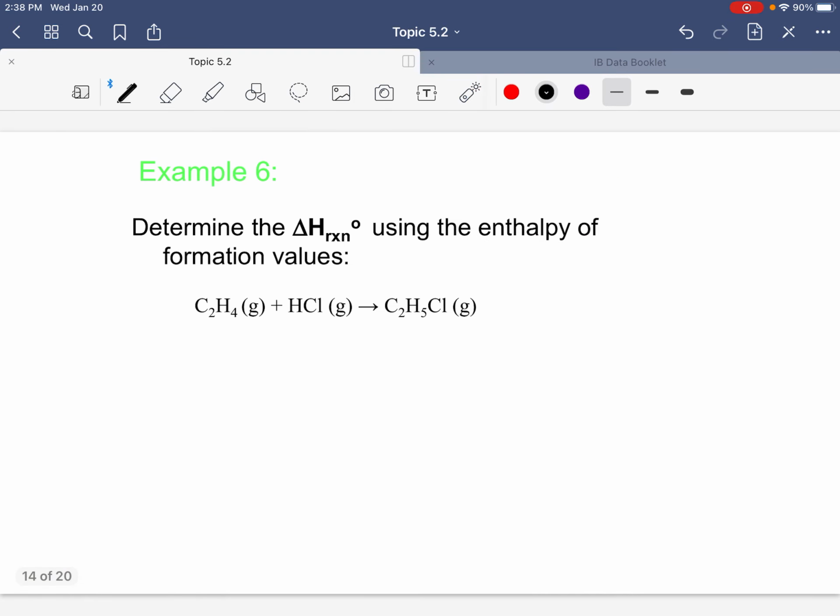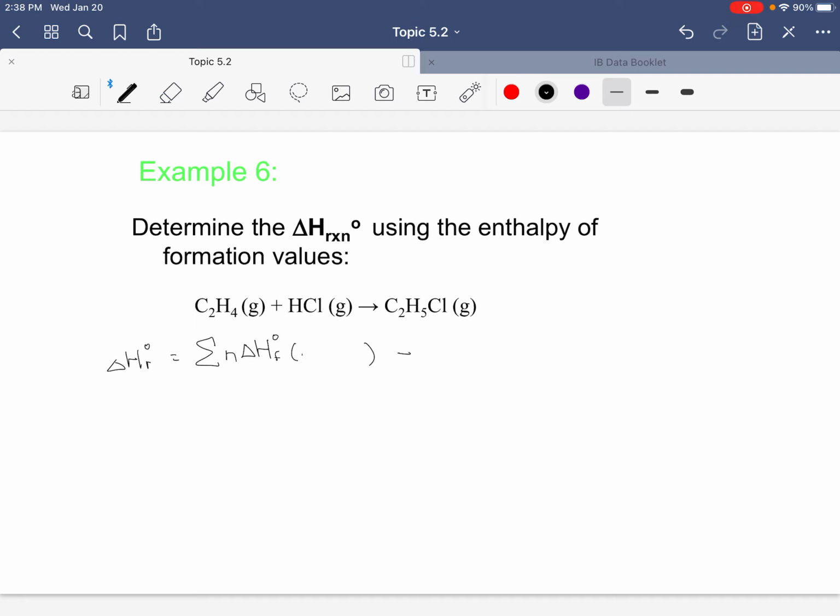Let me write that down. So delta H naught of reaction, sometimes let's just write it as R x n, is equal to the sum of the molar times enthalpy of products minus, reactants, what am I talking about?